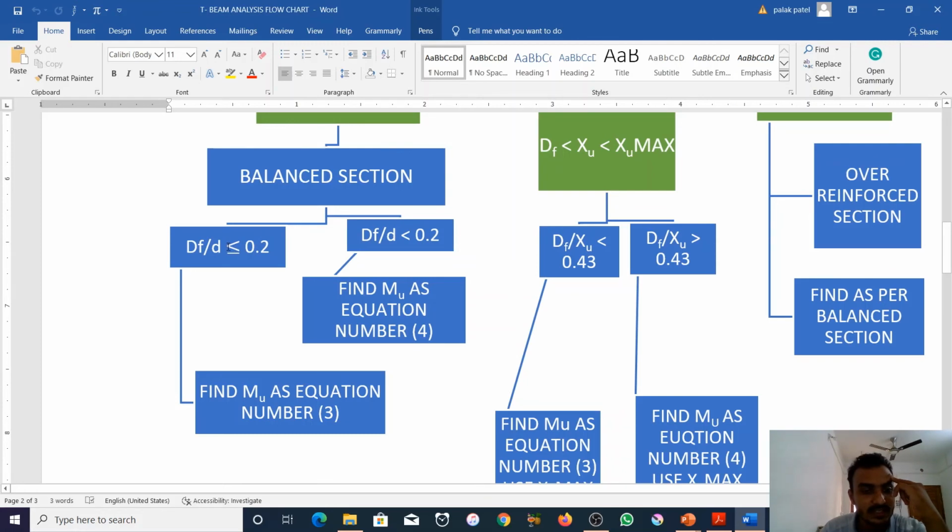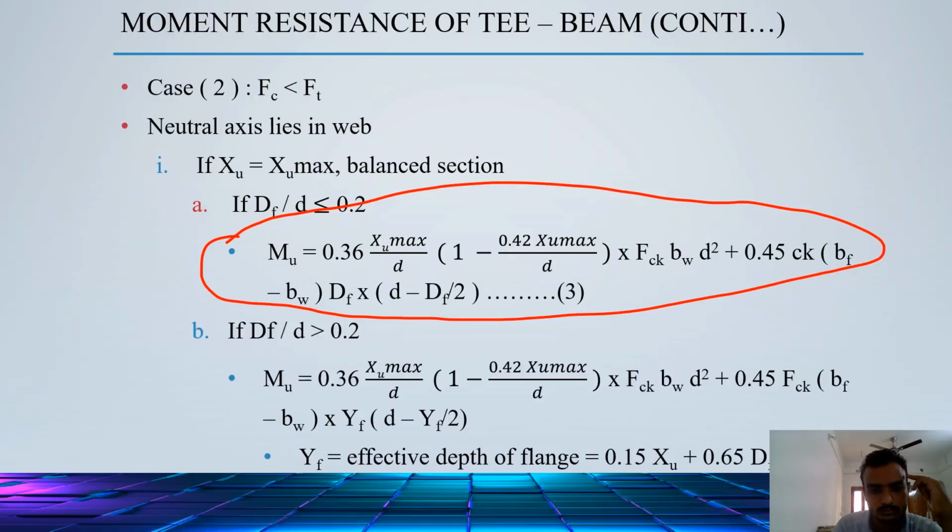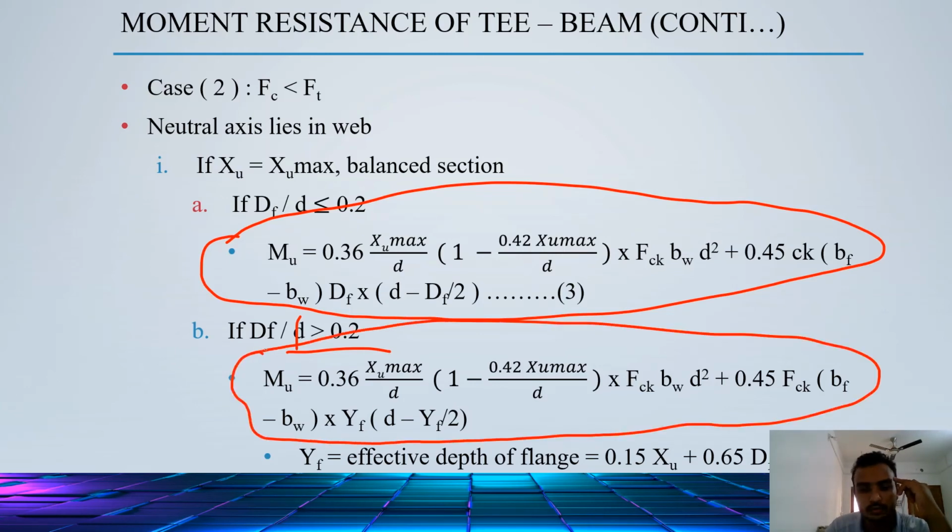Then if Df by D ratio is greater than 0.2, at that condition this equation we have to follow. Mu is equal to 0.36 Xu max upon D into 1 minus 0.42 Xu max upon D into fck bw D square plus 0.45 fck (bf minus bw) yf into (D minus yf by 2).